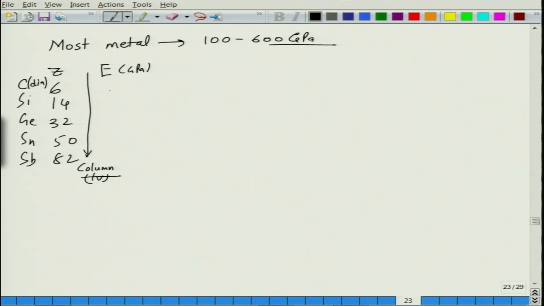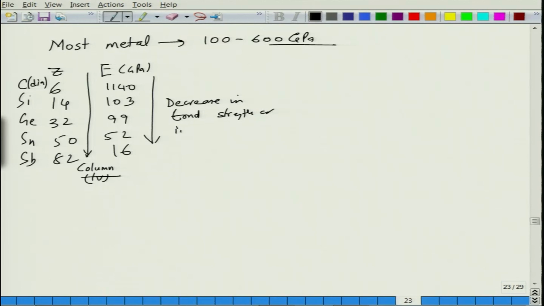You can see that the elastic modulus changes from 1140 to 103 to 99 to 52 to 16, and this is again a decrease in bond strength or increasing shallowness of the WR wells. So the curvature reduces, and as a result the modulus goes down.